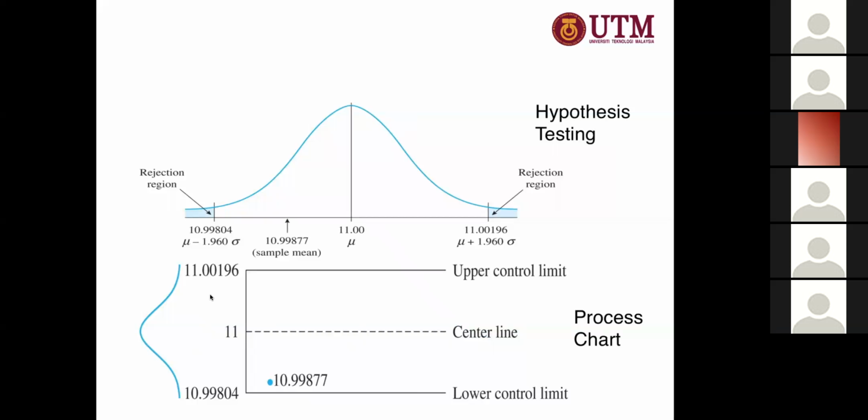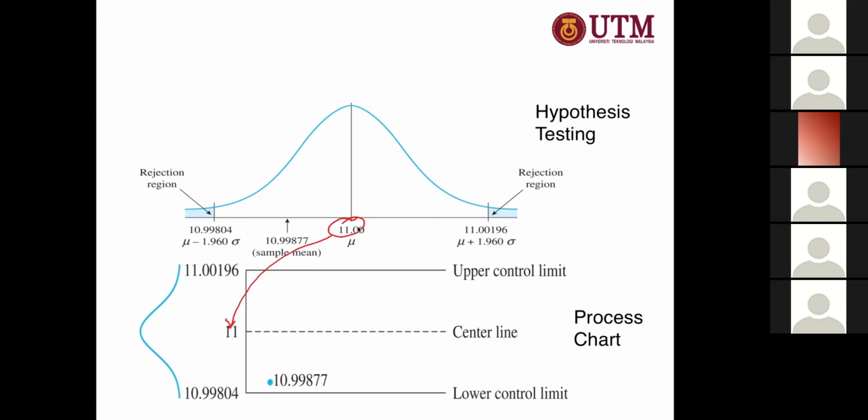Okay, let's go through this example. Initially, it is this normal distribution curve, but in order to draw the process chart, we have to minus 90 degree. Rotate this, become like this. And this mean is here.